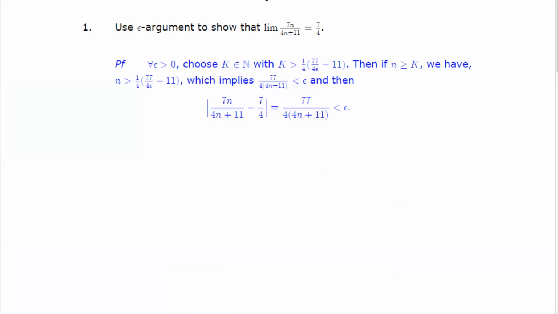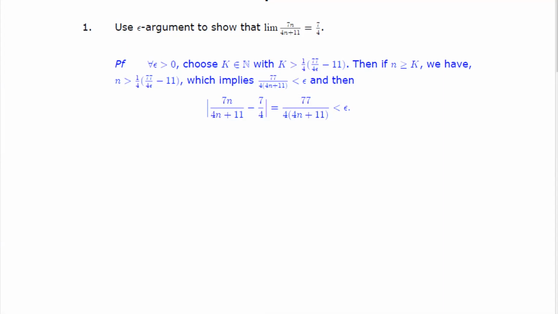I'll just show you some of the steps and you can look at them by yourself. I don't think you'll have any problem with this, however the expression 7n over 4n plus 11 may create some computations with numbers. But I don't see there will be a problem with number 1.